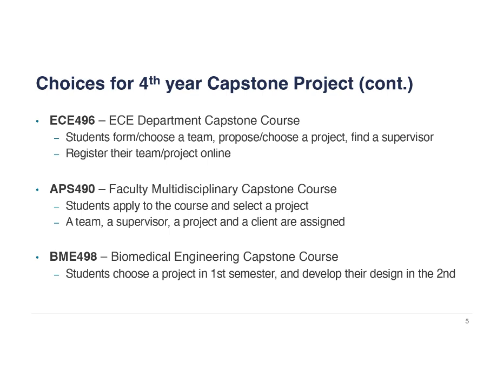With APS 490, the students apply to the course. They can rank the projects that they're interested in, and then ultimately a team, a supervisor, a project and client are assigned to you. And then finally, with the BME 498, the students basically develop the project on their own, conceive a project, and then they develop it in the second semester.